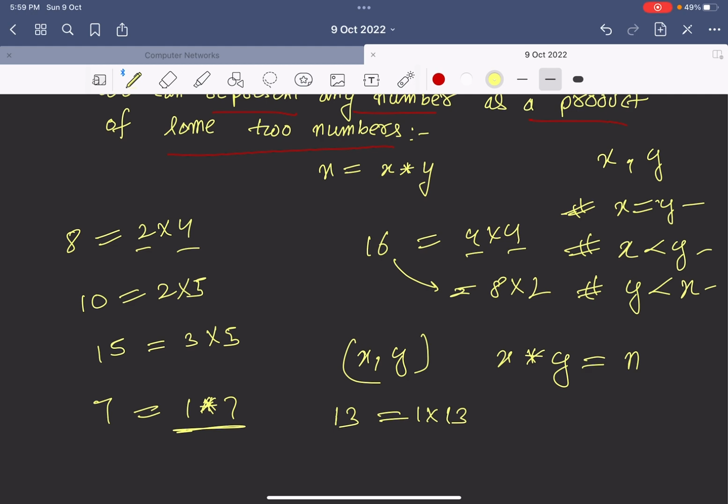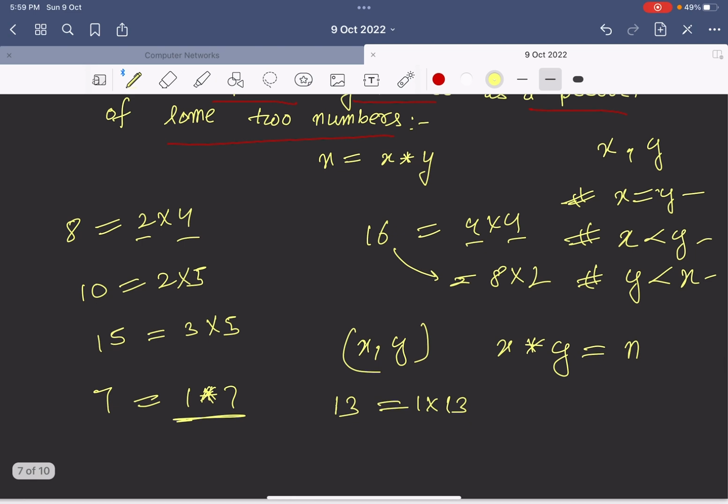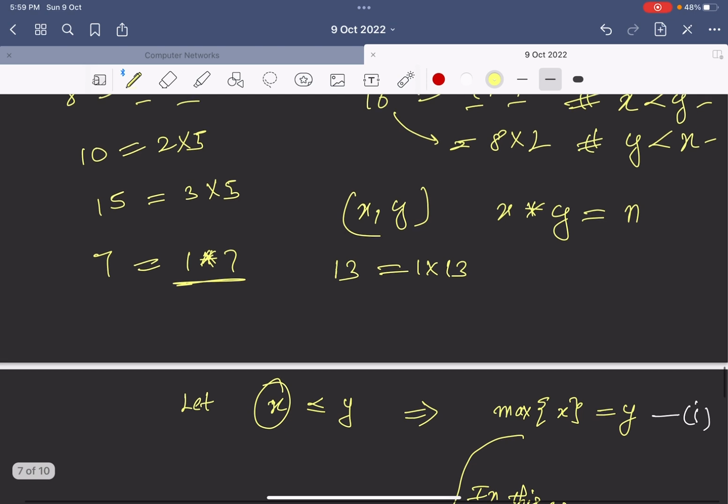Okay. Now let us assume that the smaller number is x. The smaller number can be anyone, but I am assuming that x is my smaller number. For that, what can I say?